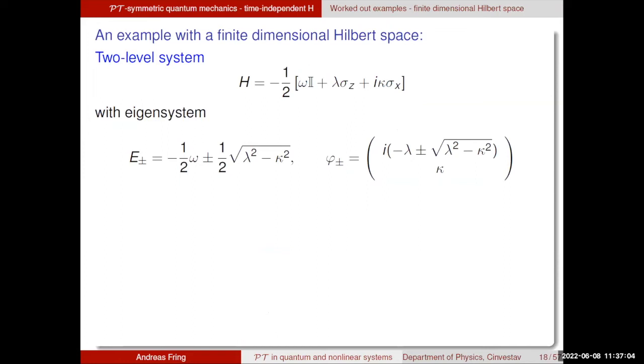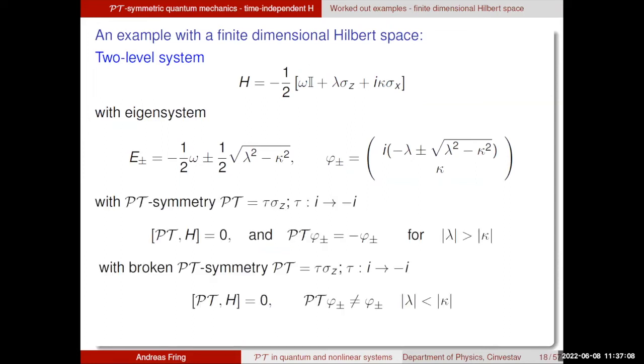Okay. So here's an example just to illustrate all the features you can reproduce here. A simple 2x2 matrix Hamiltonian in terms of Pauli matrices. You can all work out the eigenenergies and the eigenspectrum. And here's the typical feature: there's a square root. To guarantee the eigenvalues to be real, the modulus of lambda has to be larger than the modulus of kappa.